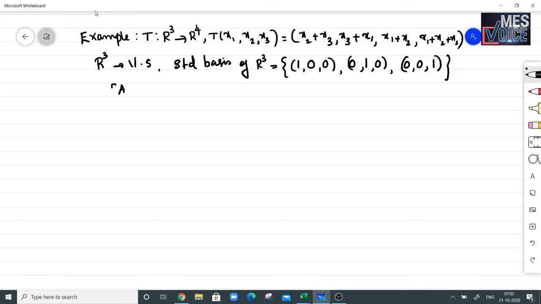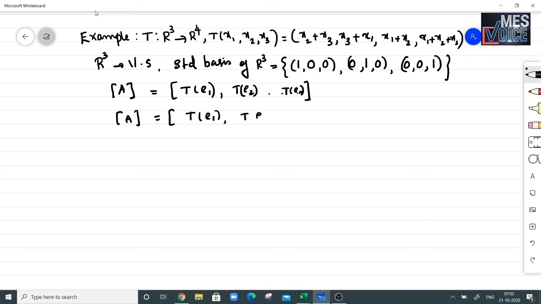We defined the matrix of the transformation T as T of E1, T of E2, etc., where E1, E2 are the standard basis of R raised to n. Here there are only 3 elements in the standard basis. Therefore, the matrix is written as T of E1, T of E2, T of E3.